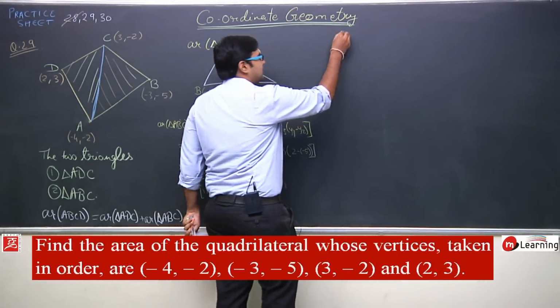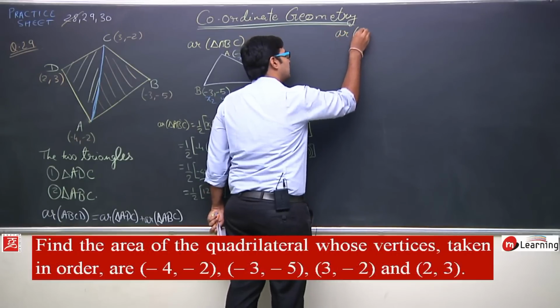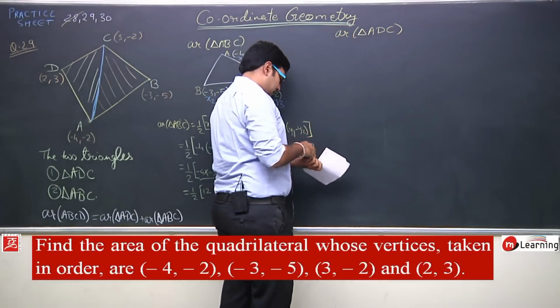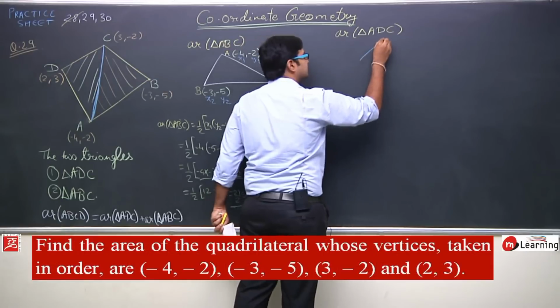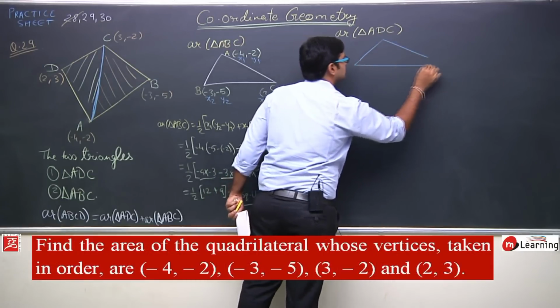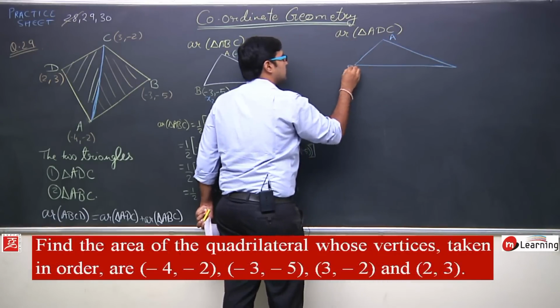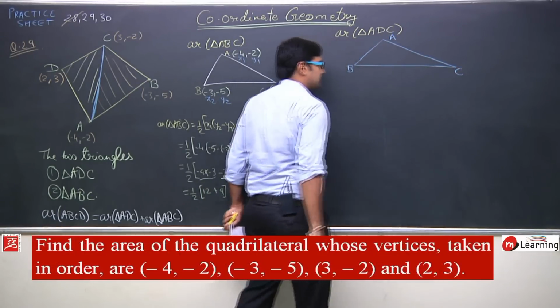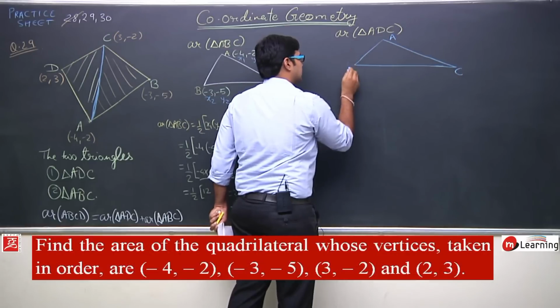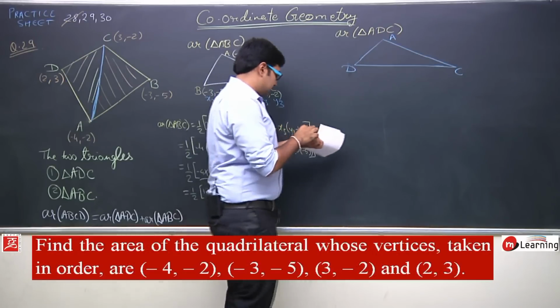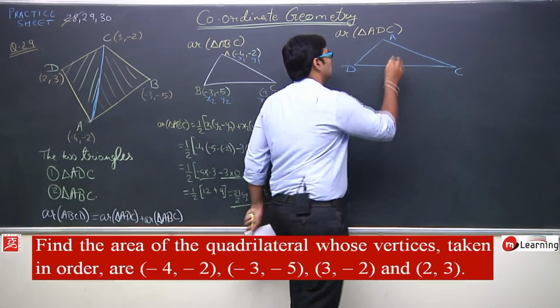Similarly, let us calculate the area of triangle ADC. The triangle is like this. Let us say this is A, this is D and this is C. The point A is minus 4 comma minus 2.